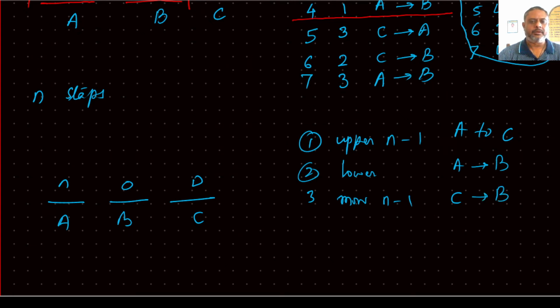First step, the n minus 1 come here, then the last one comes here, then these n minus 1 are placed on top of that.